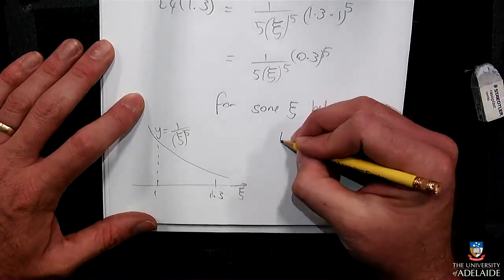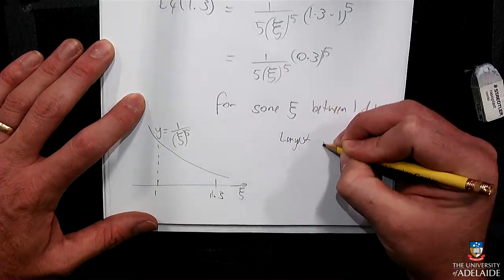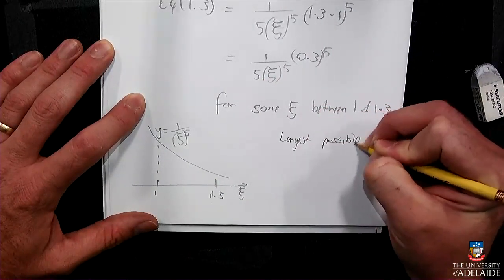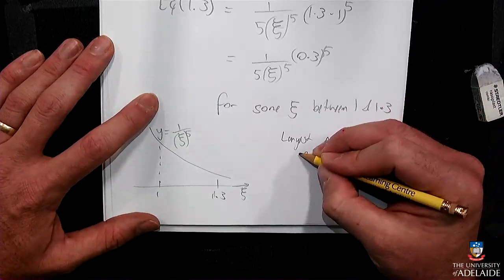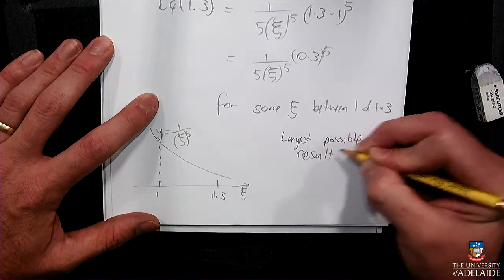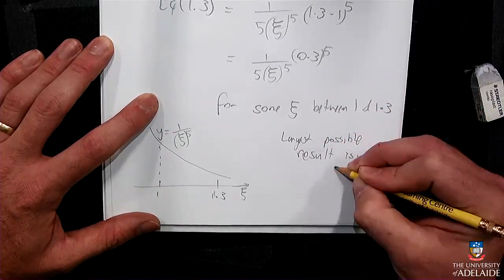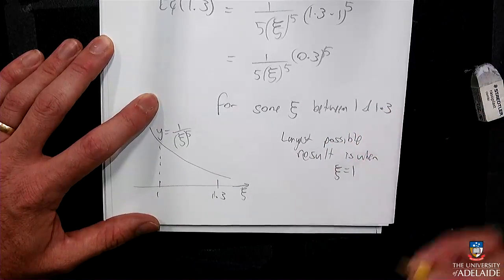So the largest possible calculation, let's say result, is when psi is 1.